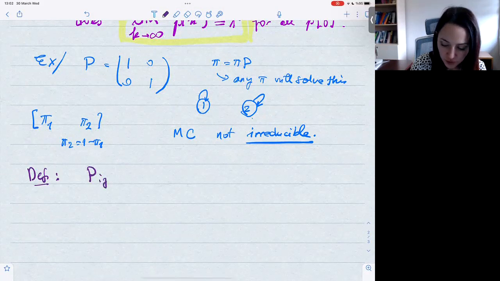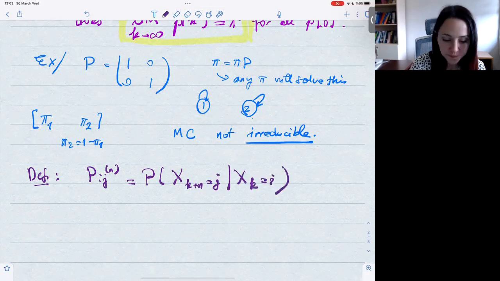Let Pij(n) be the n-step transition probability from state i to j.